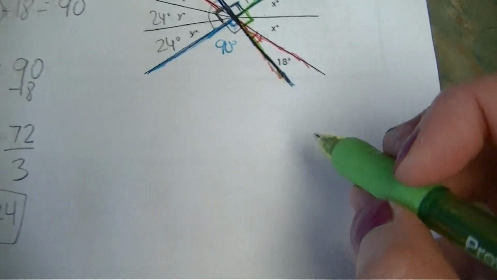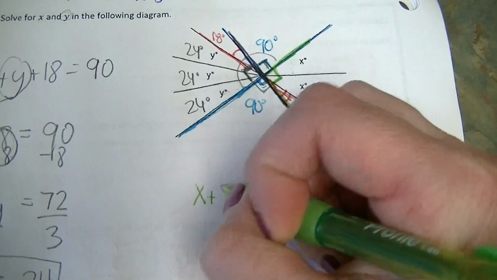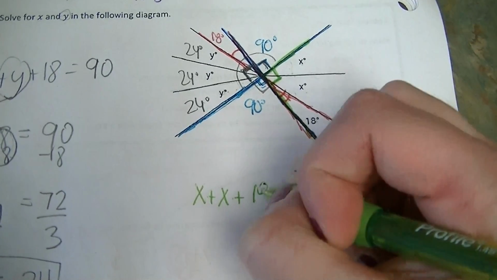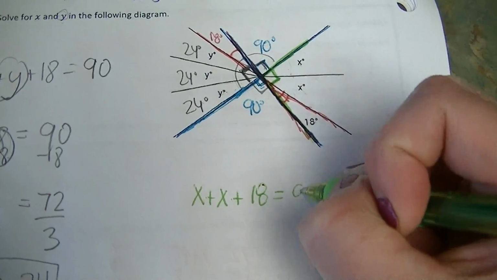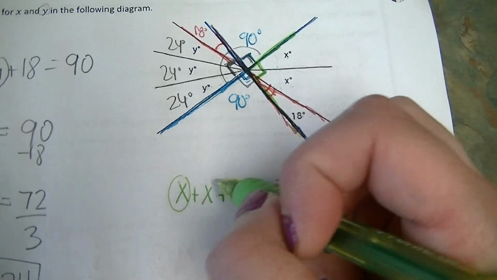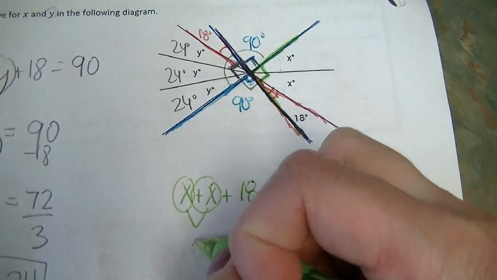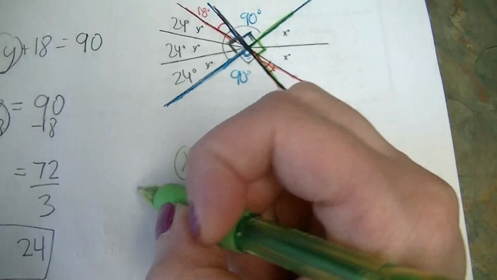So I'm going to go ahead and set up an equation, and I'm going to use this green pen to represent it. So x plus x plus 18 should have a sum of 90 degrees, just based on what we know about angle relationships here, okay? Let's go ahead and combine like terms to simplify it. That's 2x plus 18 equals 90. And let's build it now.